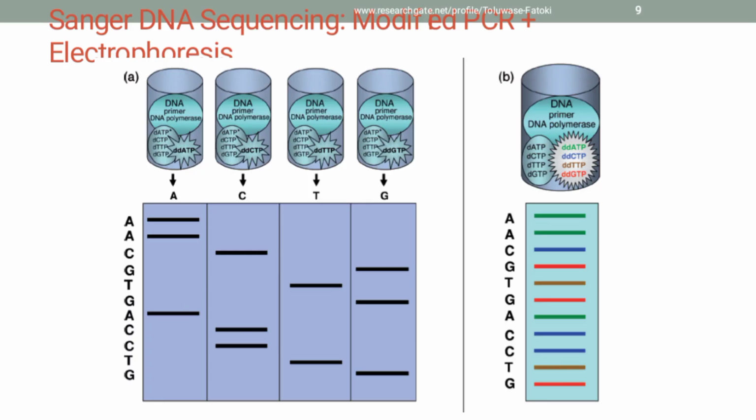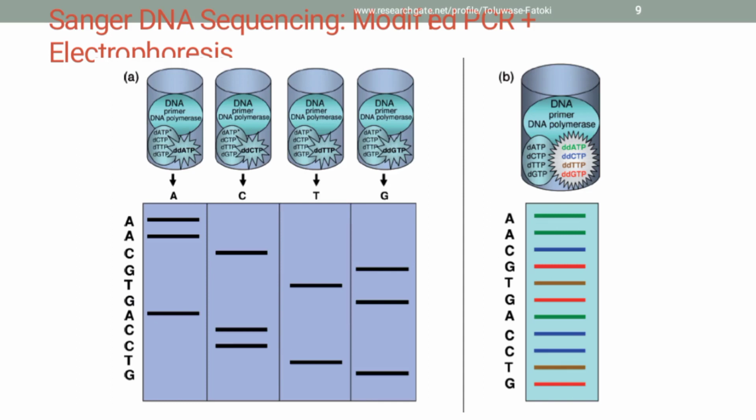So that was what Sanger did. And after he had done that using PCR, he subjected the content of each test tube to electrophoresis, which is a biological technique used to separate macromolecules, DNA, RNA, or protein, in an electric field based on their charge and their size.